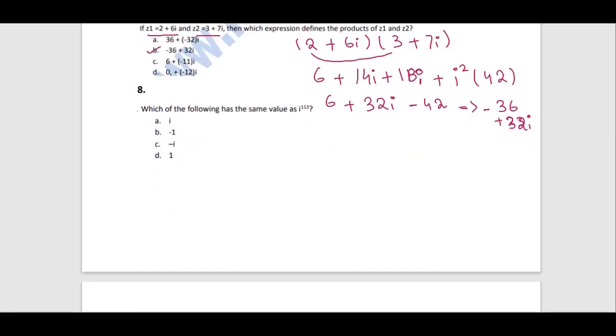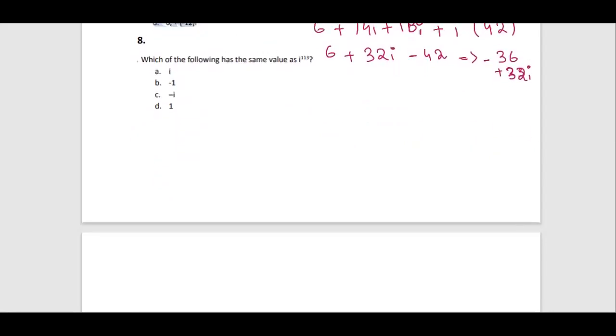All right. So let's talk about the eighth question now. Which of the following has the same value as i to the 113? Okay. So it is i to the 113. Now, if we think of this 113 itself, the question looks very different, right?